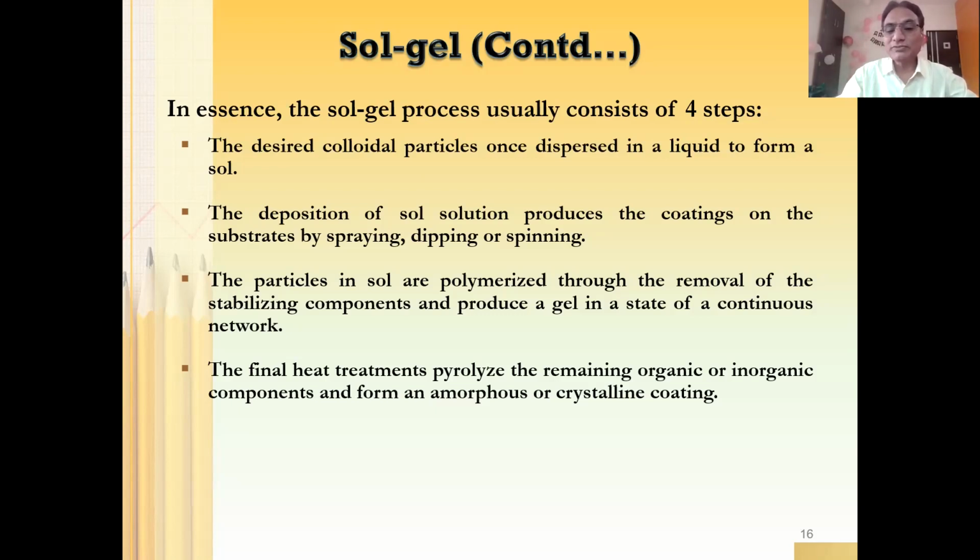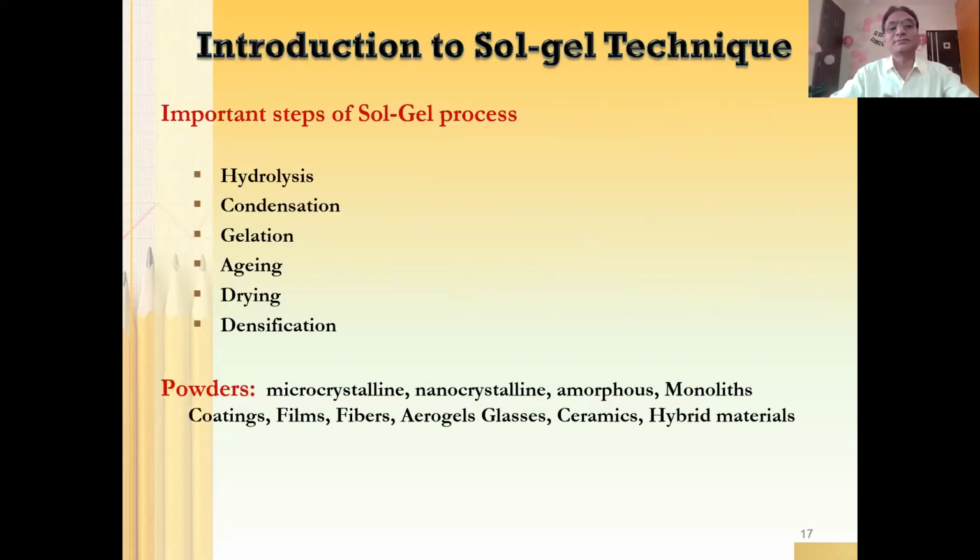So what is the purpose of the final treatment? Because you want an amorphous or crystalline coating. That can be achieved because whenever you heat, there will be a pyrolytic reaction taking place. As a result of that, you can end up with an amorphous or crystalline coating on the given substrate.